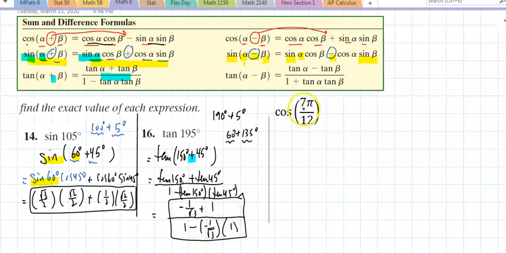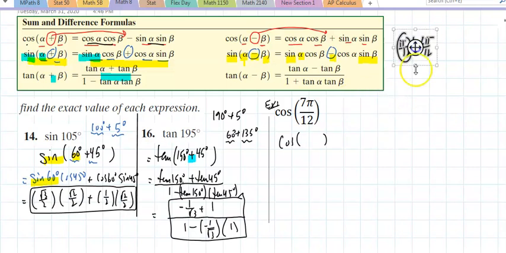And I'd like to look at this problem. I couldn't find a problem, so I just made you one. Cosine of, and again, you gotta be careful. So pi over 12 plus 6 pi over 12 will work, but pi over 12 is not a standard angle, so that wouldn't benefit me.